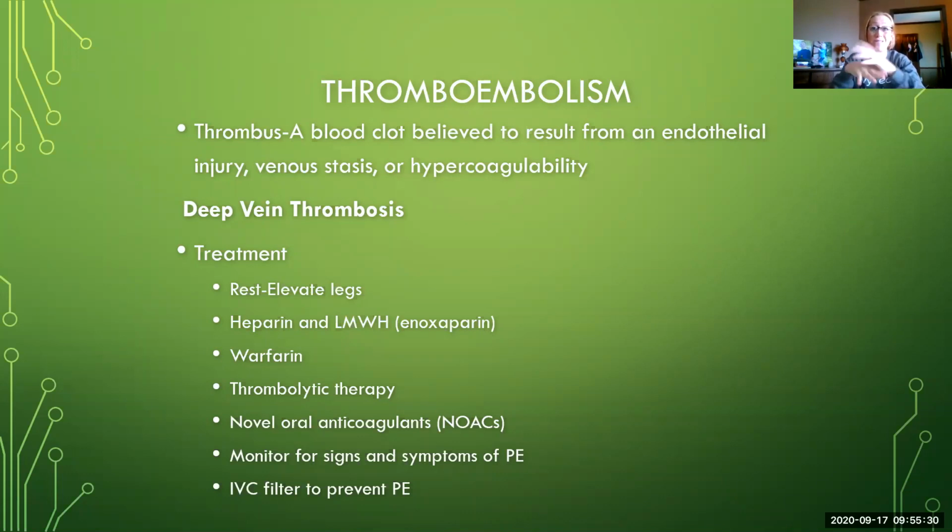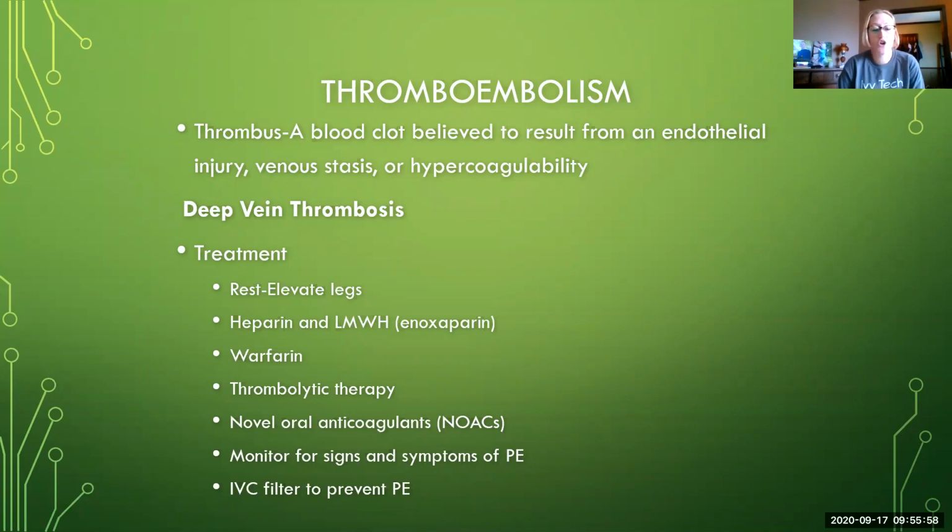But the downfall is some of them don't have a reversal agent, and the only option is fresh frozen plasma if they come in with any type of bleed, either a GI bleed or a head bleed, anything like that that can occur spontaneously. So I feel like they're a little bit more risky, but it really just depends on the patient and the physician discussing their best options.